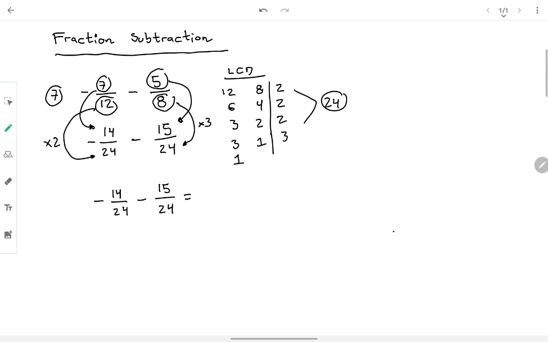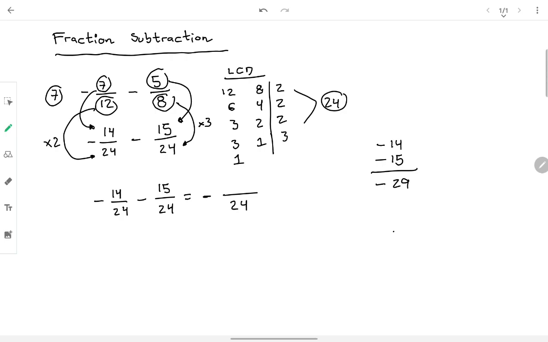In this case, because the two fractions are negative, our answer will be negative. We will also have over 24. Remember, the denominator doesn't change. We have 14 negatives and 15 negatives, so the answer will be negative. If we have minus 14 and minus 15, we will get minus 29.